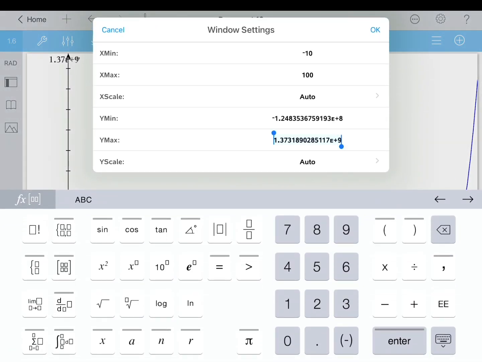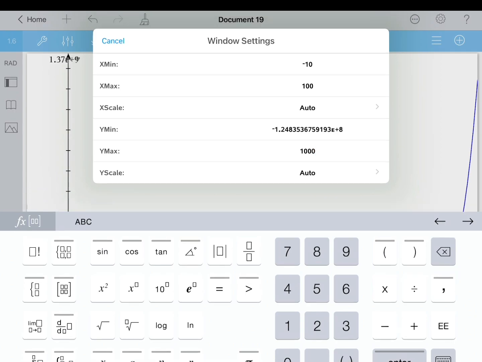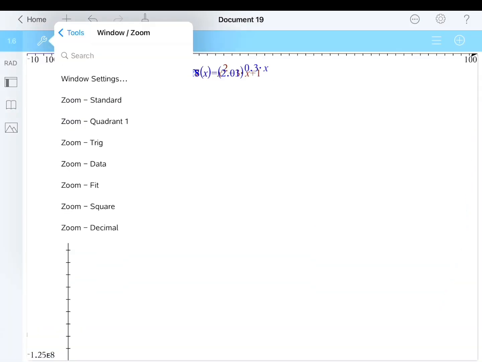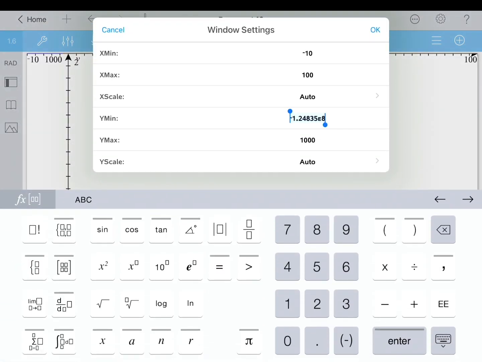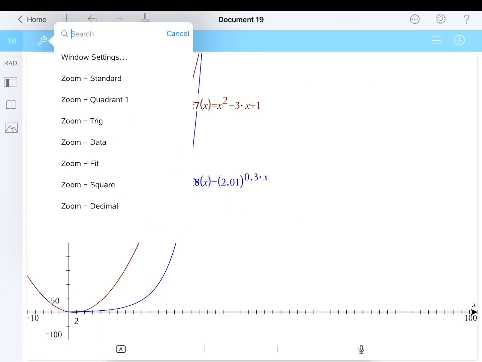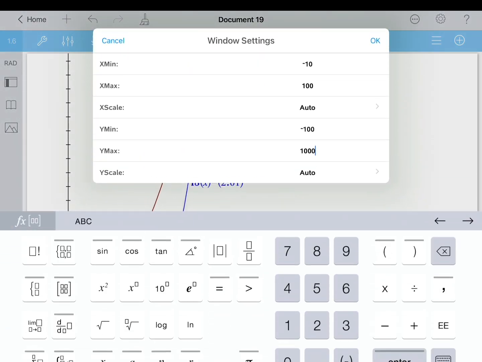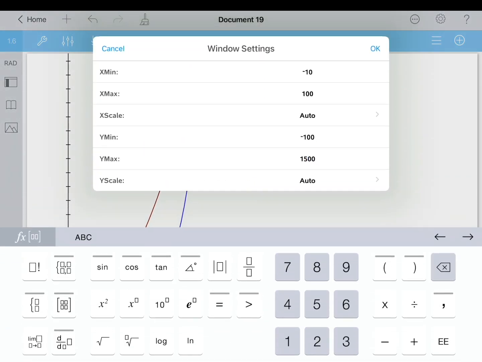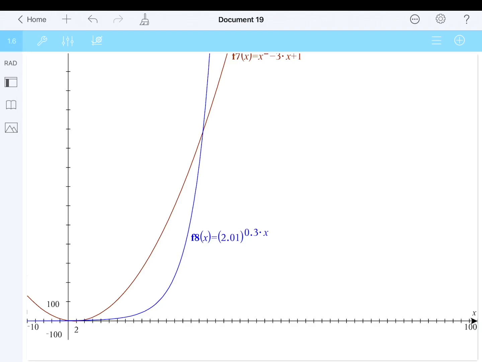Let's put 1,000. Oops, sorry. -100 to 1,000. Yeah, that's better. Now if I go to 2,000, 1,500. So as you can see, my blue function, the exponential, is going to catch up, right?